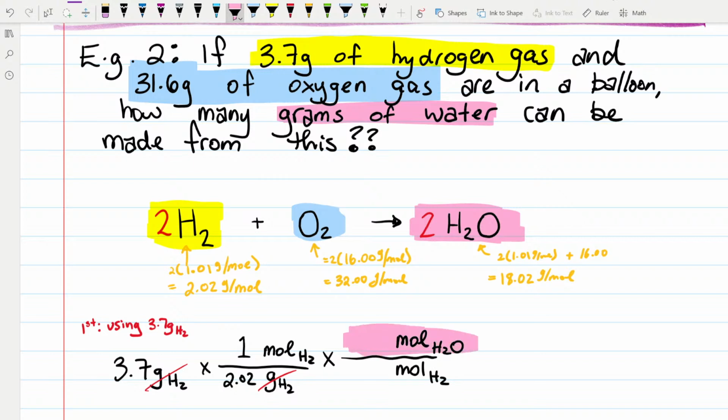And the balanced chemical equation tells us that we produce 2 moles of water for every 2 moles of hydrogen gas that react. What units cancel? Well, moles of hydrogen cancel. If we calculated now, 3.7 times 1 divided by 2.02 times 2 divided by 2, we'd know how many moles of water we've produced.